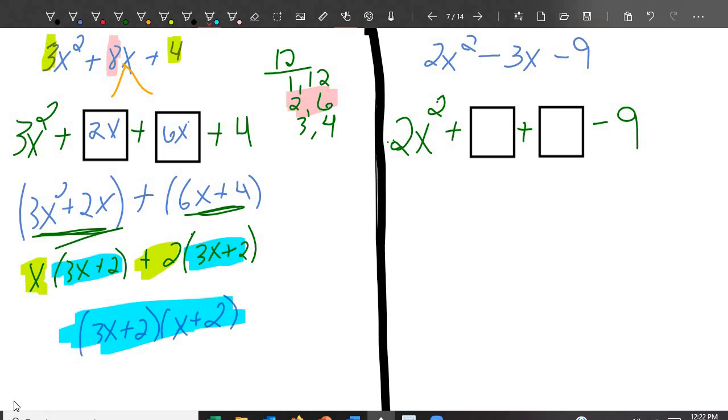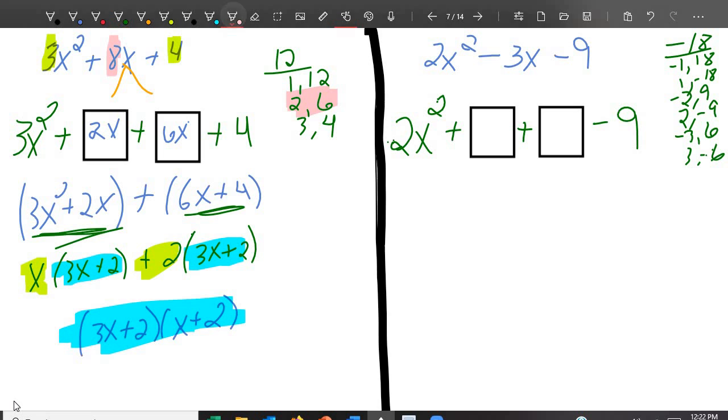All right, the next one, we're going to multiply the 2 and the 9 together, negative 18, and we're going to list out the factors of that number. I'm looking for the pair that gives me negative 3. So one's positive, one's negative. Negative 2 and 9, 2 and negative 9, negative 3 and 6, and 3 and negative 6.